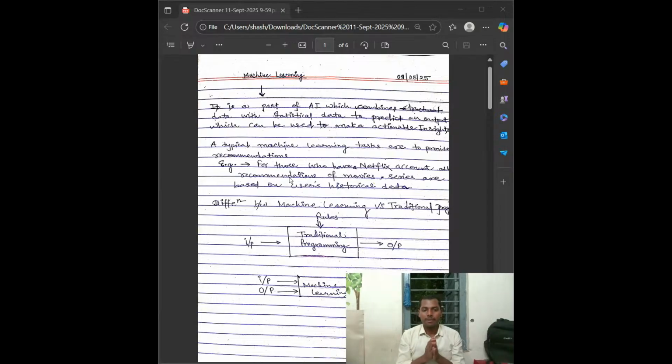Let's go back. We just discussed that in 1959, Arthur Samuel coined the term, asking whether machines can think, and that led to the generation of machine learning. Okay. So after the advancement of machine learning, the most important term used in machine learning is a target, which we call a label.